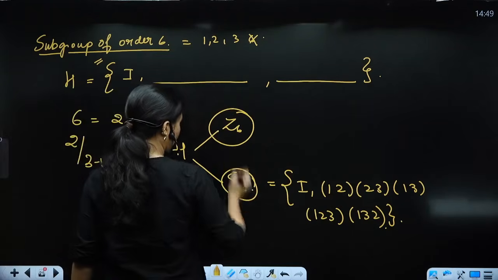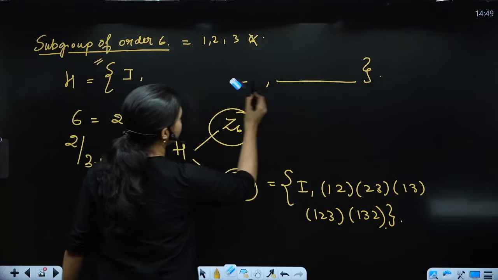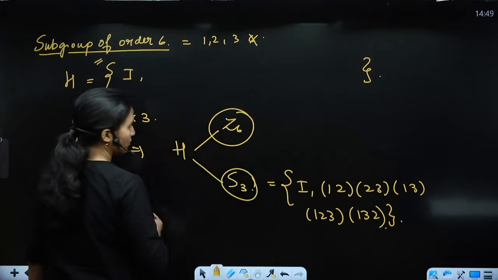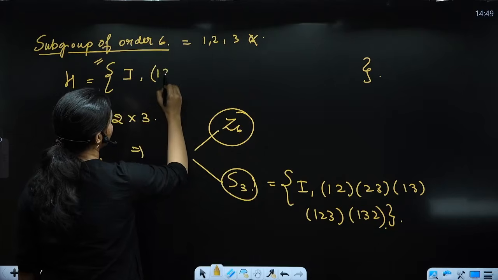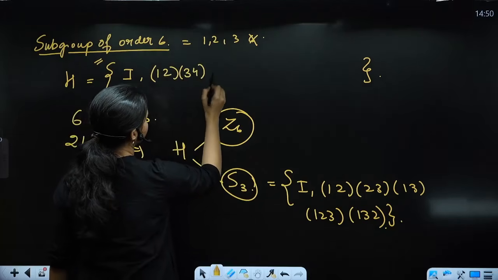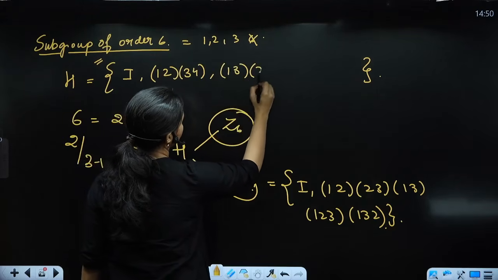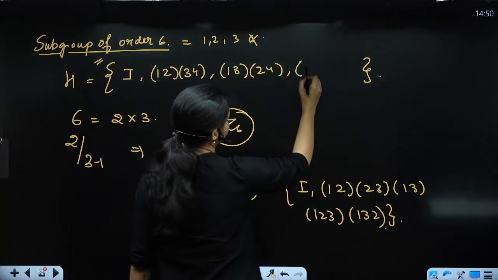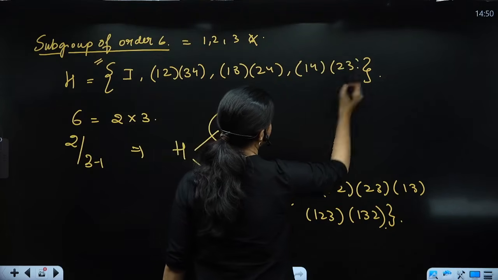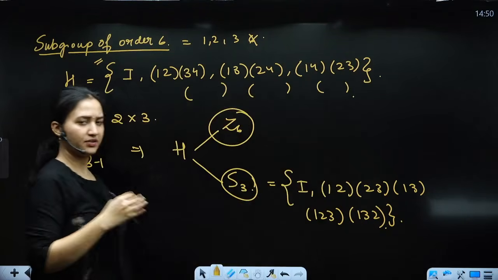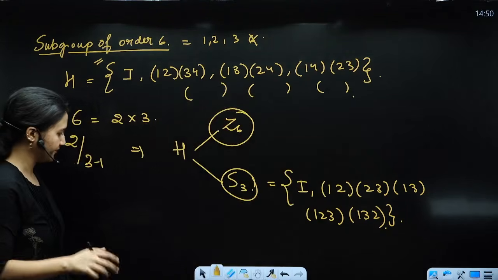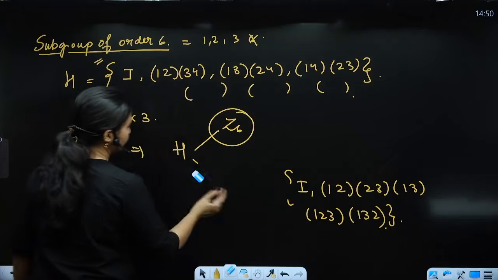So the elements of order 2 are going to be present inside this subgroup. So they are going to be (1 2)(3 4), (1 3)(2 4) and (1 4)(2 3), right? And then you will have elements of order 3 as well, right? But they are not important here. So I'm just going to erase this here.